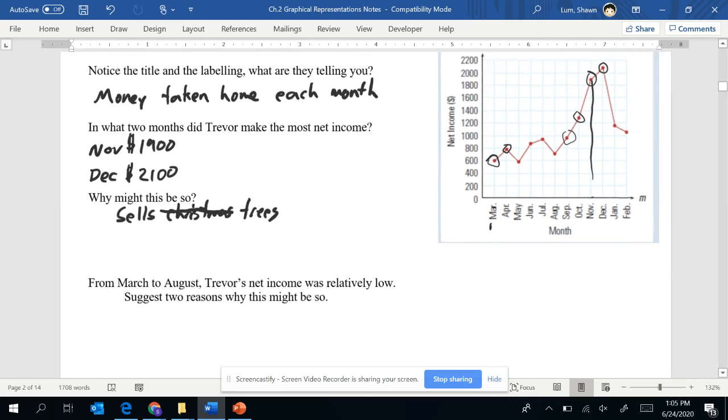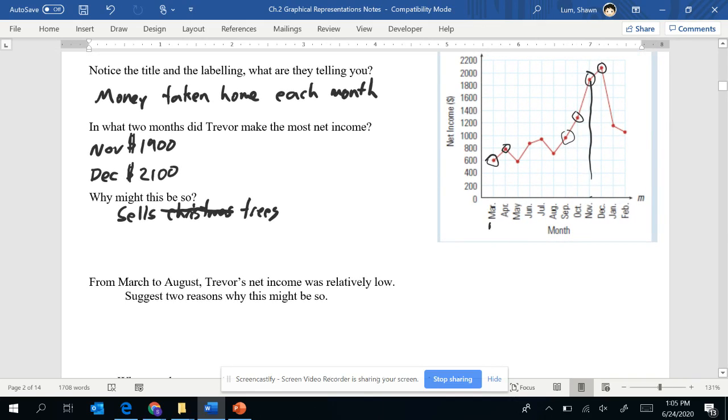Okay, so from March to August, Trevor's net income was relatively low. Suggests 2 reasons why this might be so. Again, it's warm out. So if we're going to stick with he sells trees, it's warm. So no firewood needed.